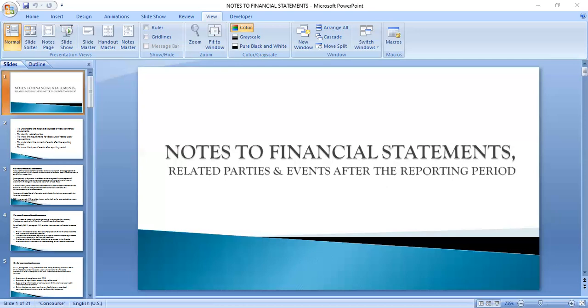As a minimum, the disclosures of related party transactions shall include the amount of the transaction, the amount of the outstanding balance, terms and conditions, whether secured or unsecured, and nature of consideration to be provided in settlement. The allowance for doubtful accounts related to the outstanding balance, and the expense recognized during the period in respect of doubtful accounts due from related parties.